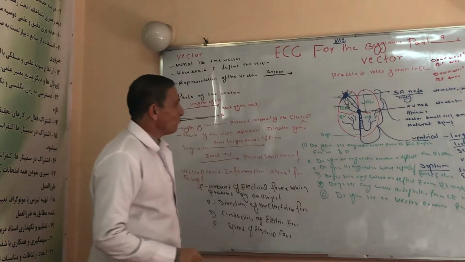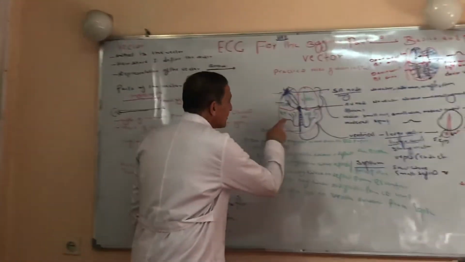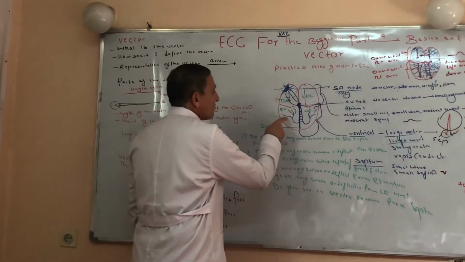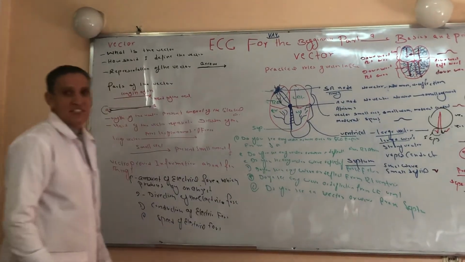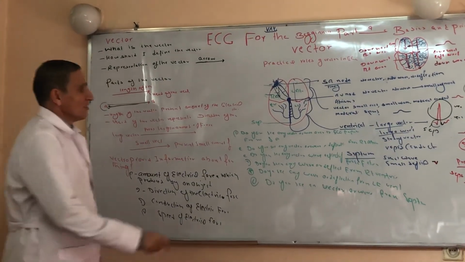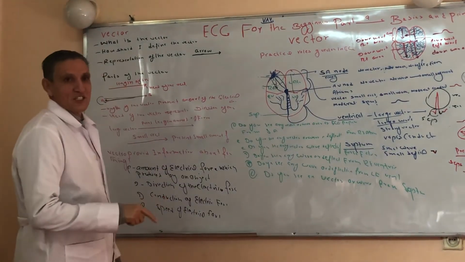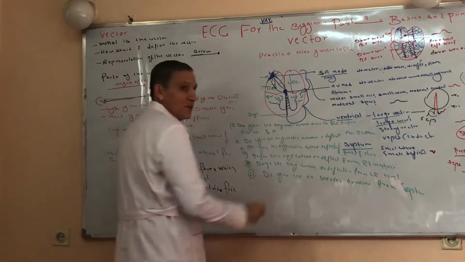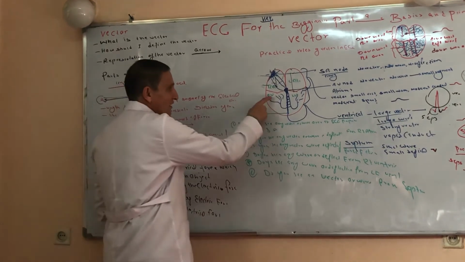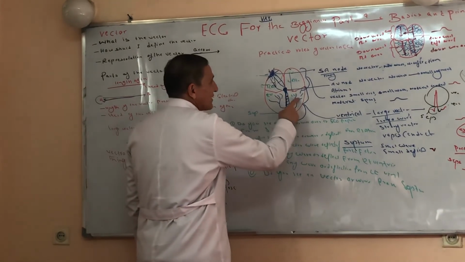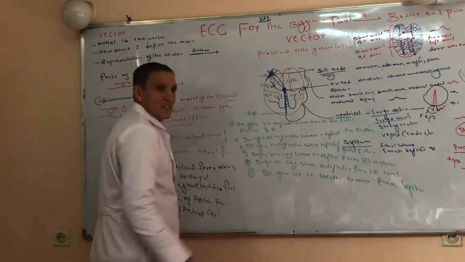The second: do you see any vector or deflection from the right atrium over the ECG paper? Do you see any wave or deflection over the ECG paper from the left ventricle? We don't, because the right ventricle and left ventricle both produce a vector.